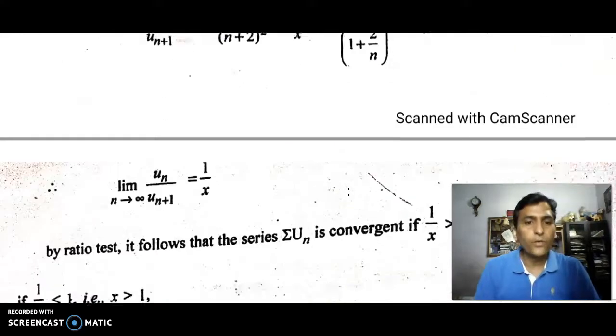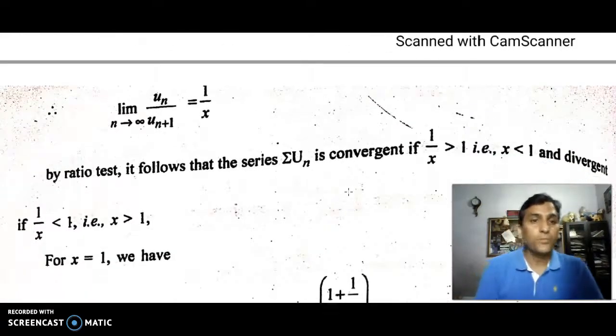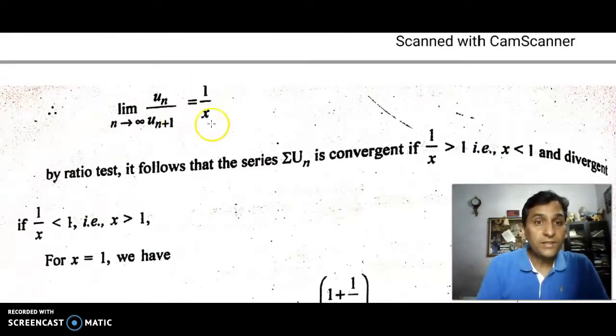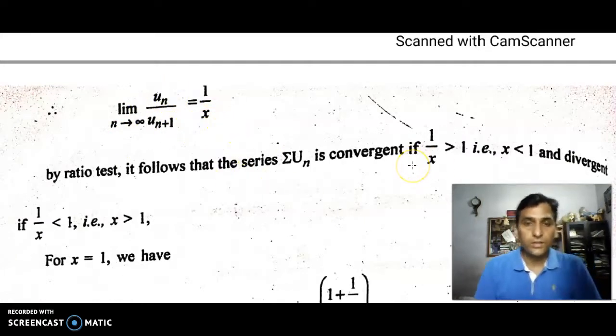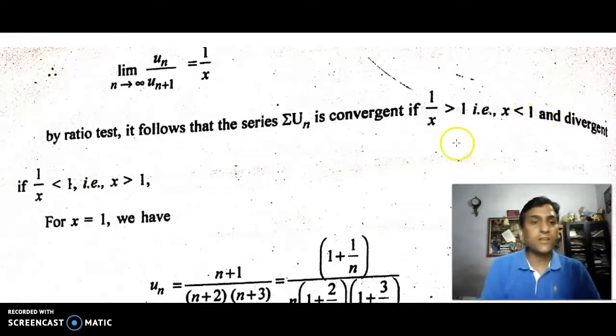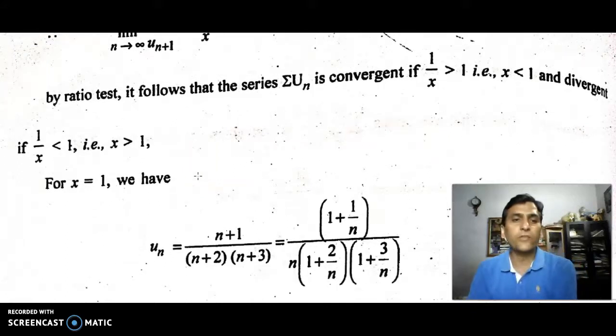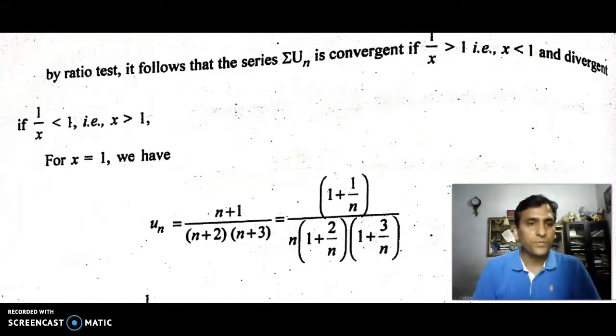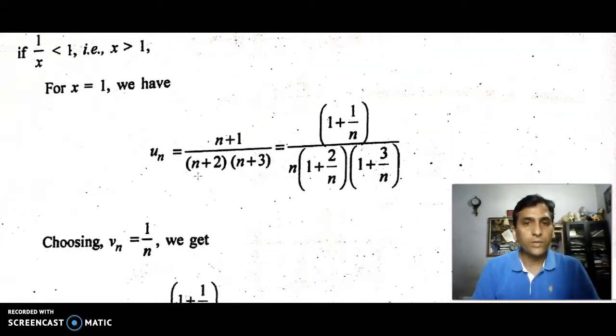So you will get 1 upon x. Now if 1 upon x is less than 1, then it is divergent, and if 1 upon x is greater than 1, that is when x is less than 1, it is convergent. So you can find different values of x. For x equal to 1, it becomes this.